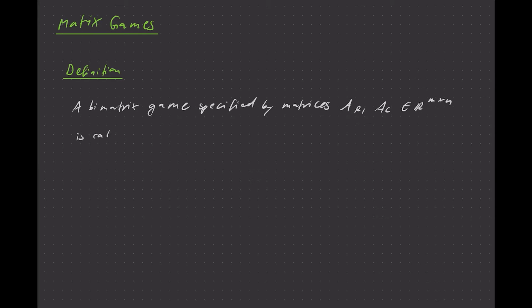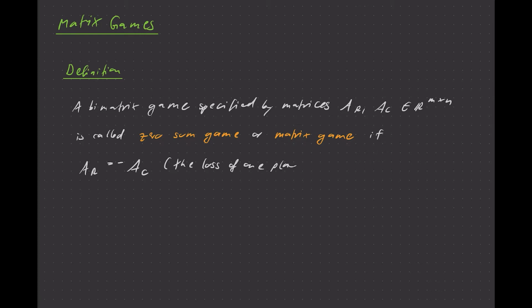That is called either a zero-sum game or a matrix game, if A_R is equal to minus A_C. So what that means is the loss of one player is always equal to the gain of the other.